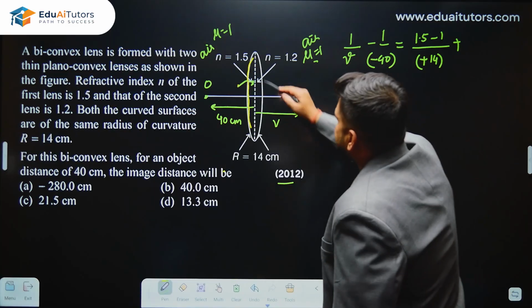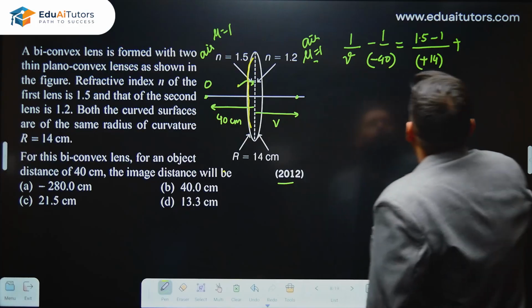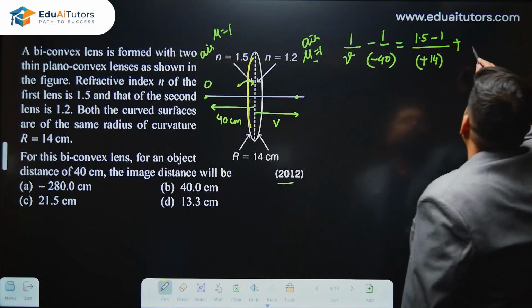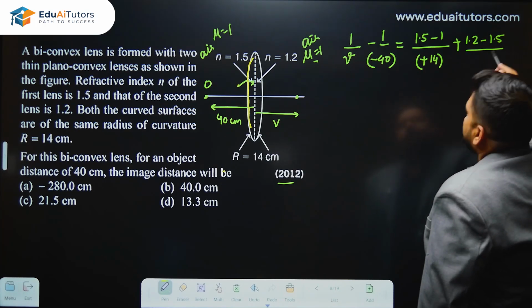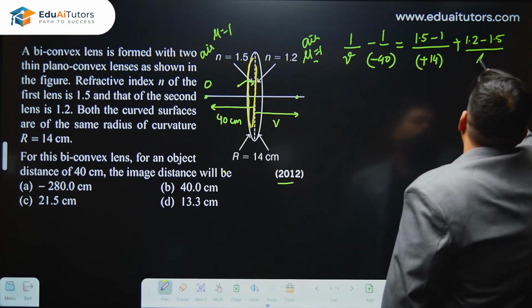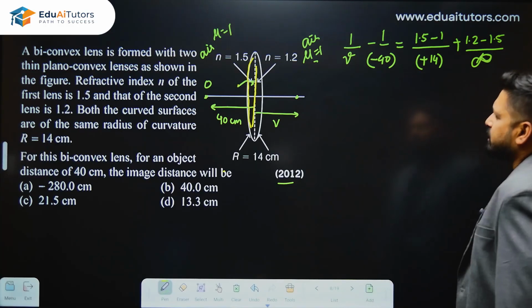Plus, now light enters and there is a plane surface also. We should write for the plane surface also. Light is going into a medium of refractive index 1.2, so 1.2 minus 1.5 divided by, for this plane surface, the radius of curvature, which will be infinity. Anyways, it will become 0, so it doesn't matter.